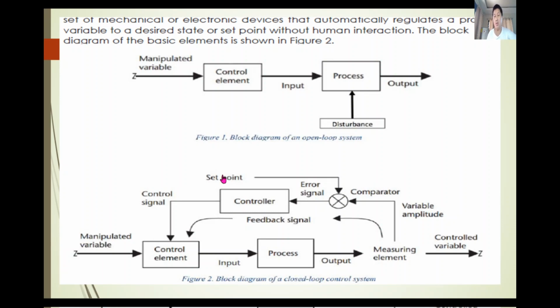It is being set in the controller, and that set point or desired variable is being measured through the output by a measuring element, which is the sensor, and the signal is being sent back to the controller, applying the error signal, then comparing to the set point and sending back again to the control element.